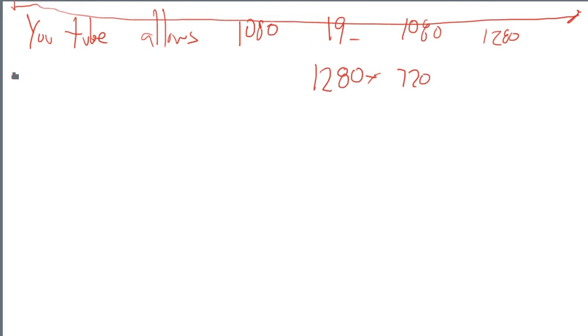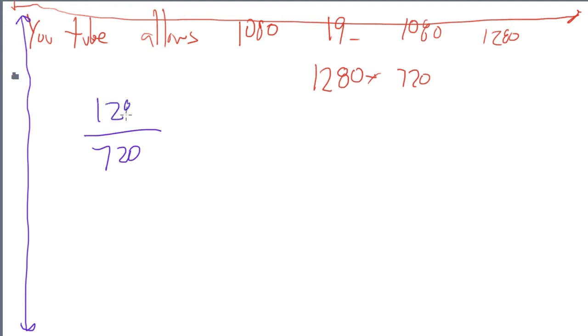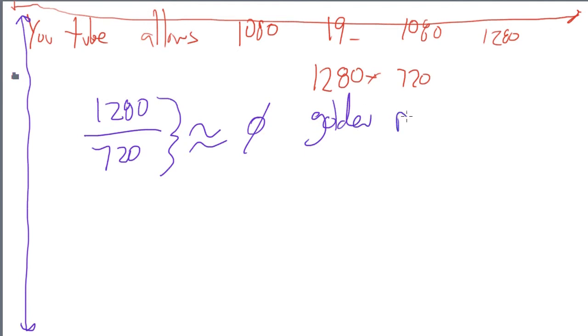And let me change the color here, and I've got this distance as being 720. Now, eventually you're going to see this ratio of 1280 to 720 is going to approximate something called phi, or the golden ratio. Now you can debate it or not, but you're going to see that this ratio that you see here is going to be something that's going to come up a lot in terms of graphics and art.